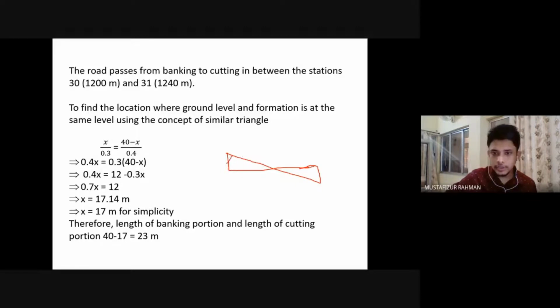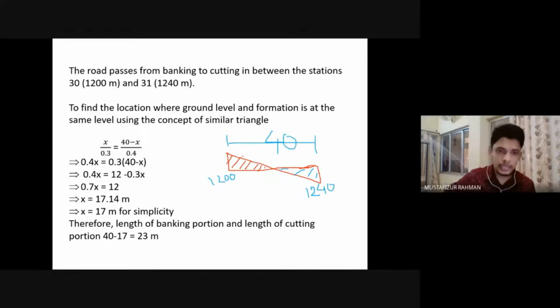At this point, we are supposed to fill up the soil, we are supposed to do banking, and here we are supposed to do the cutting. This point is 1200 meter and this point is 1240 meter.